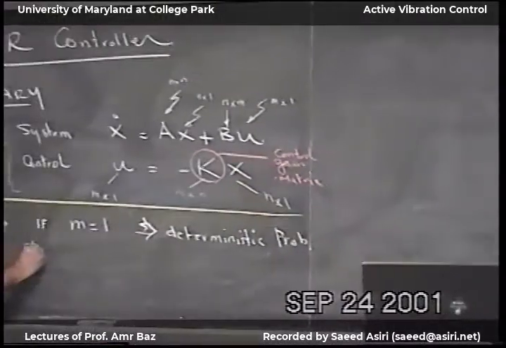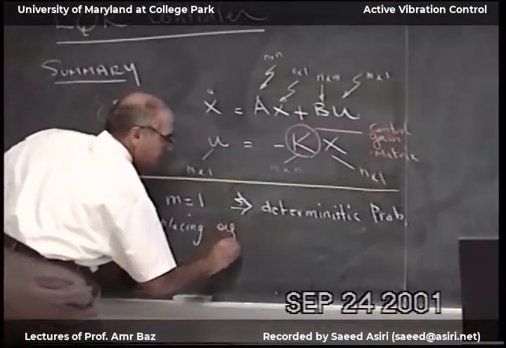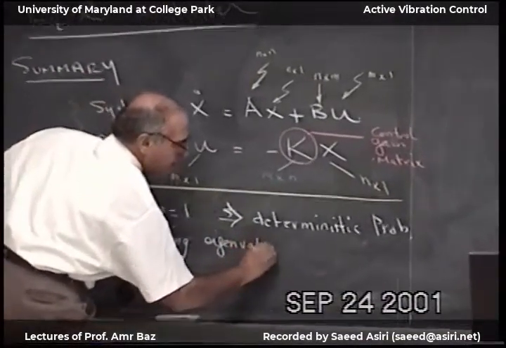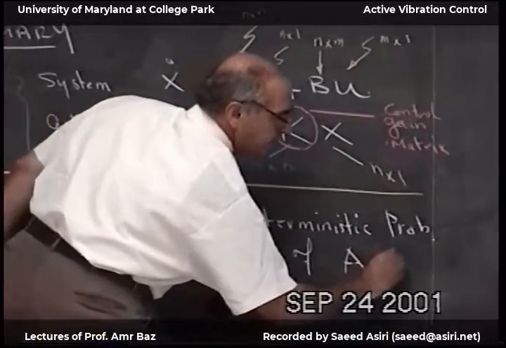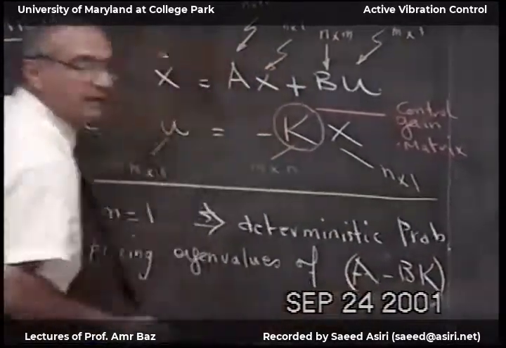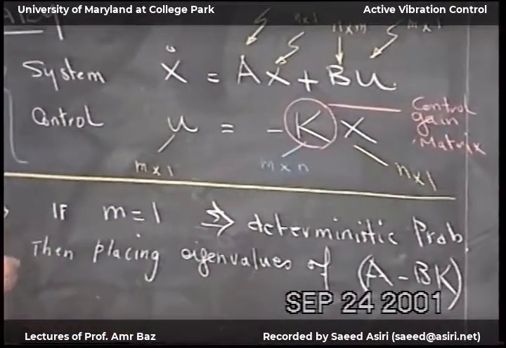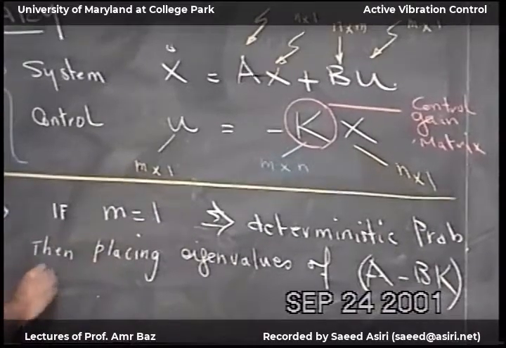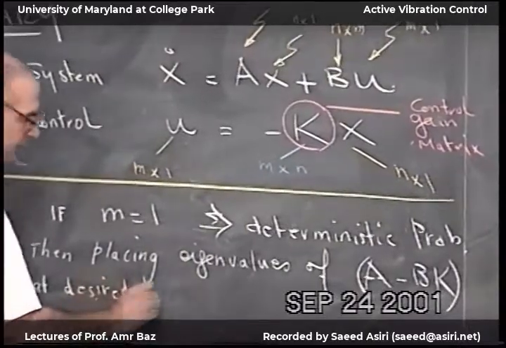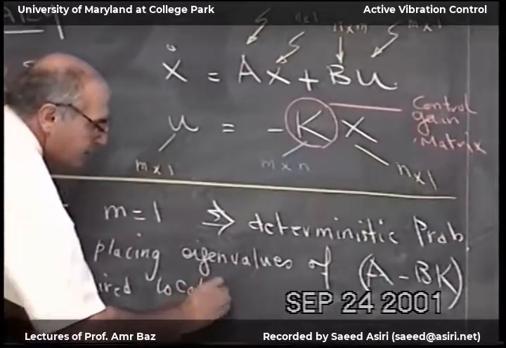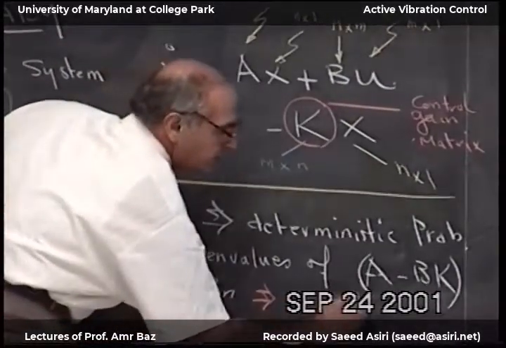Then placing the eigenvalues of A minus B K in any desired place, I can extract the n unknowns at desired locations. This will give us n equations.